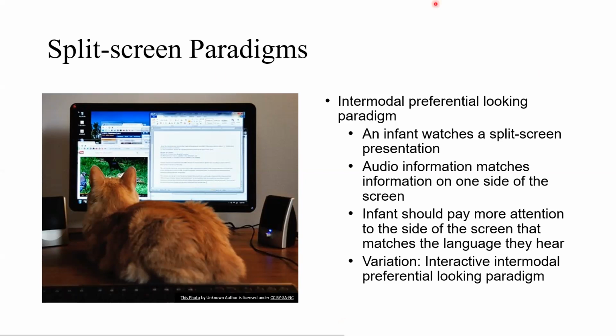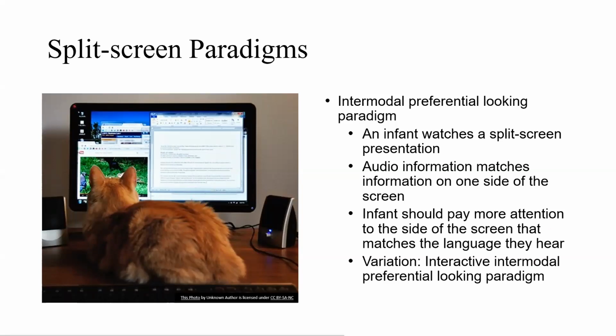So let's say that there is a picture of a cat on this side of the screen, and they're hearing meowing, or the word cat, one way or the other. And then over here, there's a picture of a dog. The infant should watch the side with the cat and the meow longer because it is congruent with what they expect. So there you go.